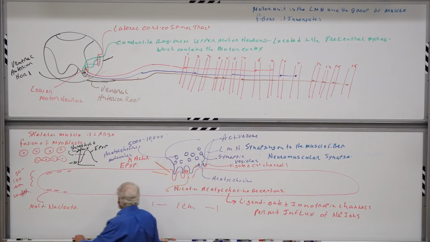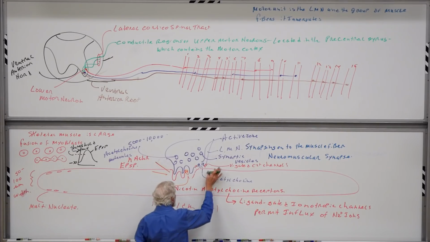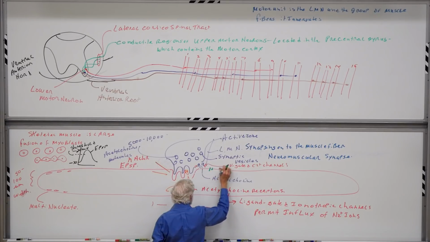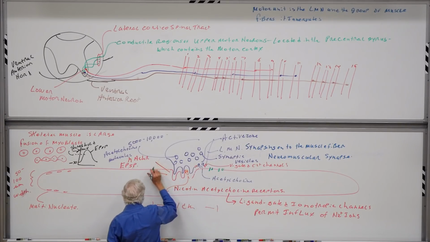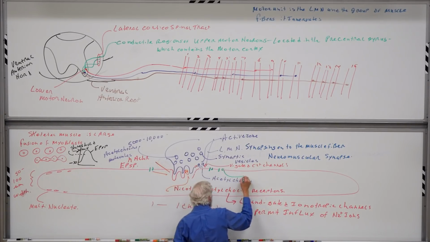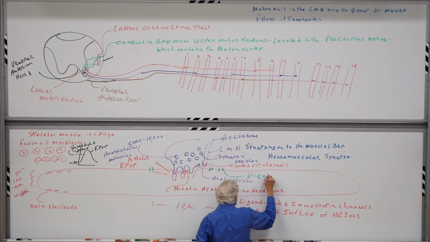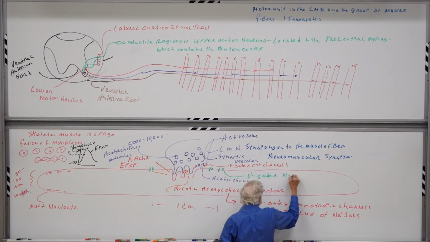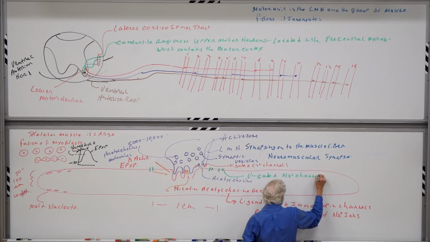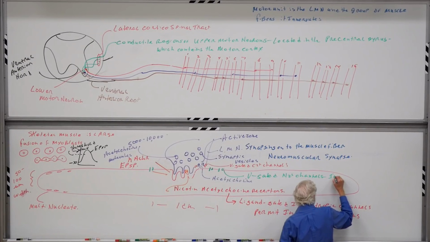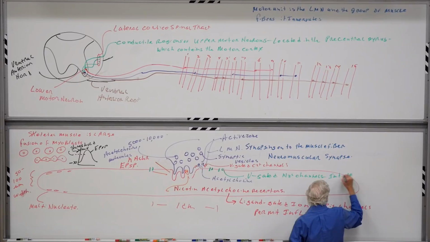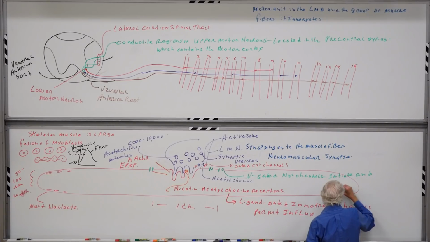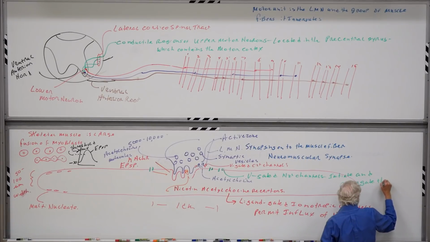And of course, the amplification of the EPSP is carried out by the voltage-gated sodium channels that initiate and propagate the action potential.